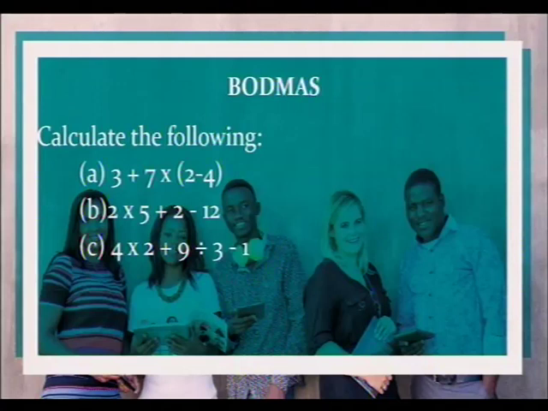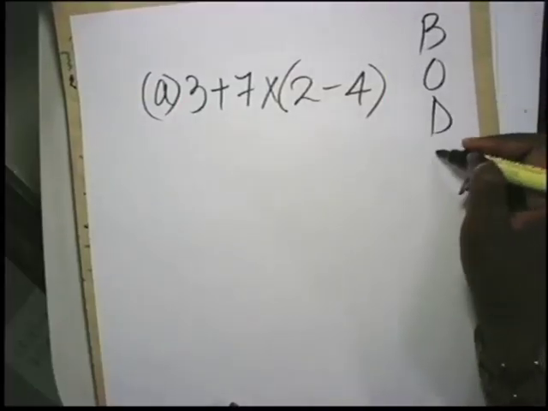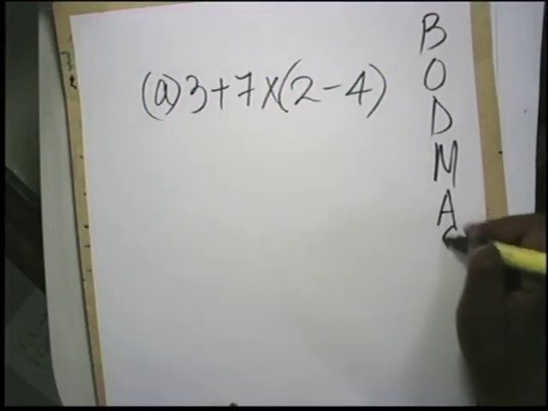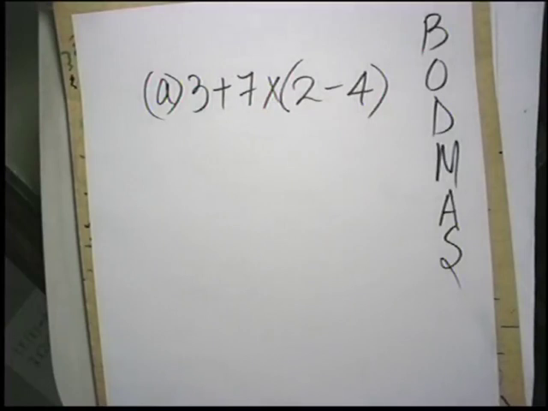We are moving. We are given some examples there. A, that we can try. 3 plus 7 multiplied by 2 minus 4. Now I have to write my word BODMAS here because that is the key. It will help me to do these calculations. Are there brackets here? Yes, I can see brackets.